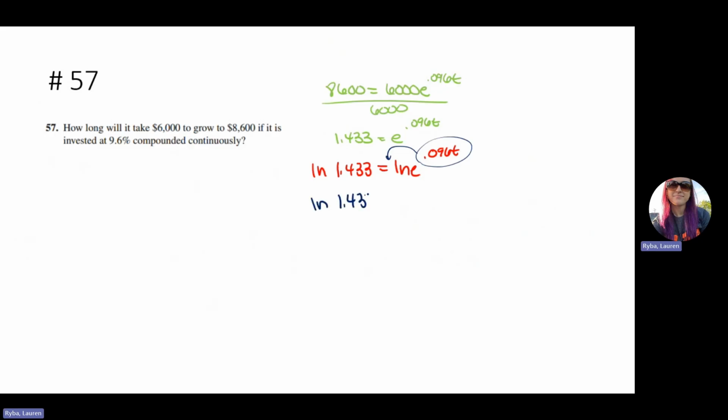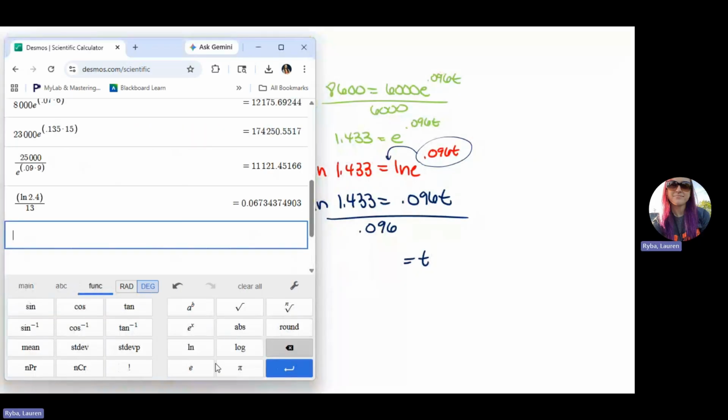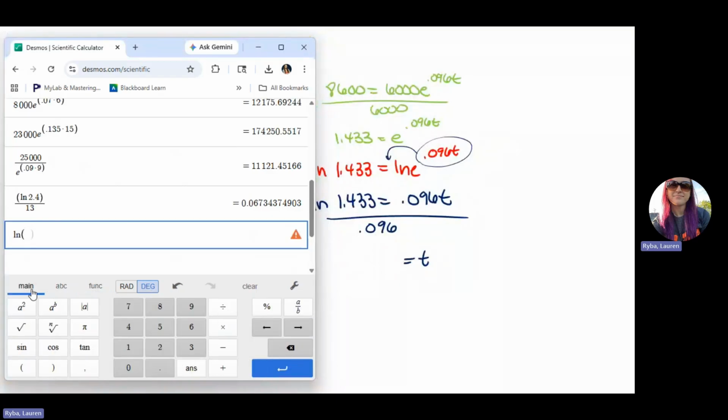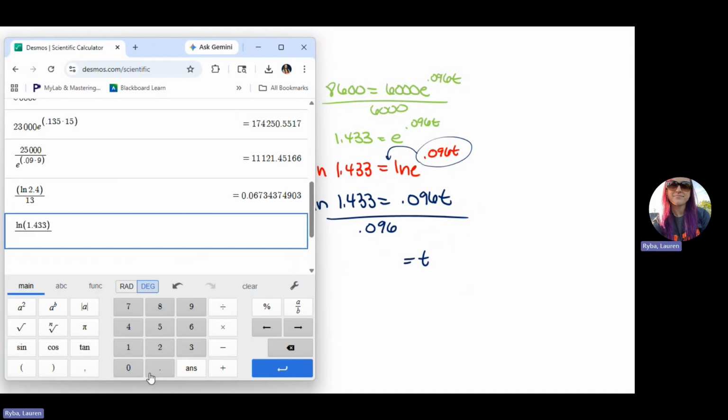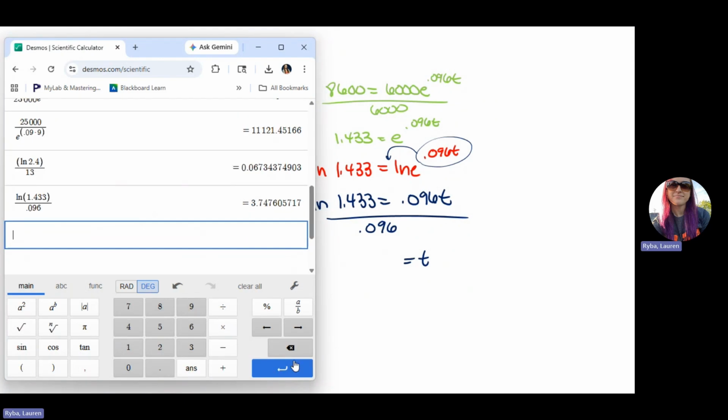Natural log 1.433 equals 0.096 t. So then all I have to do to find t is divide by 0.096. So natural log of 1.433 divide by 0.096. And this is going to be in terms of years. So about 3.75 years.